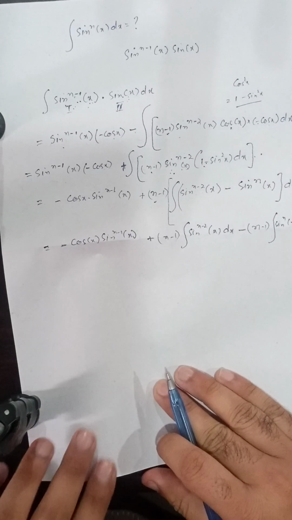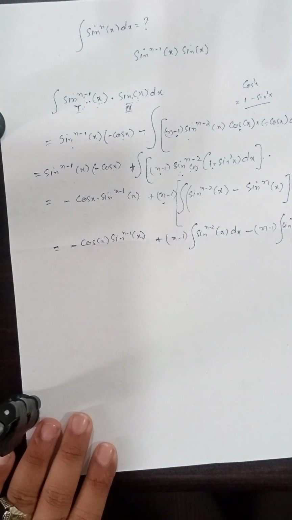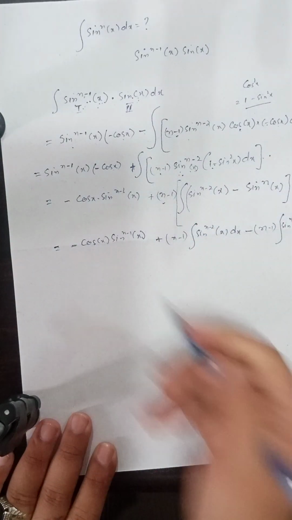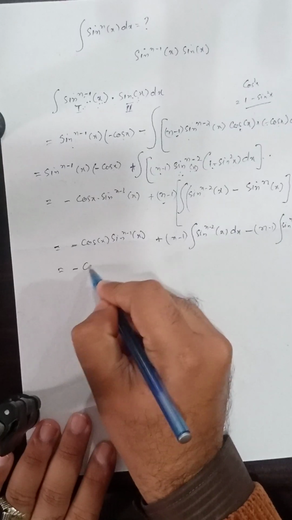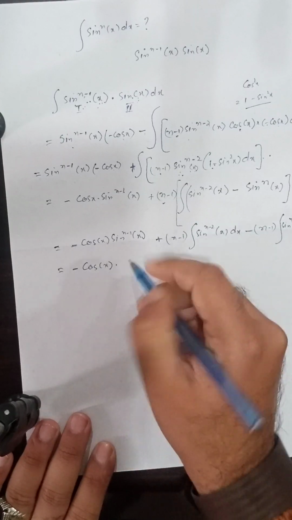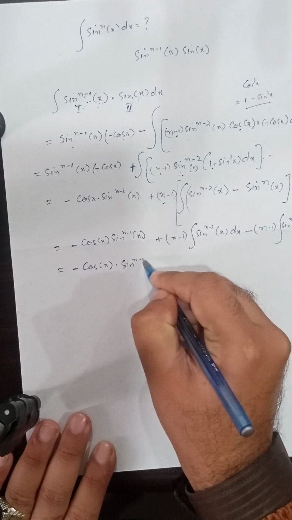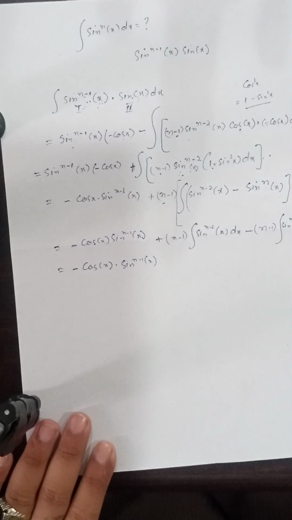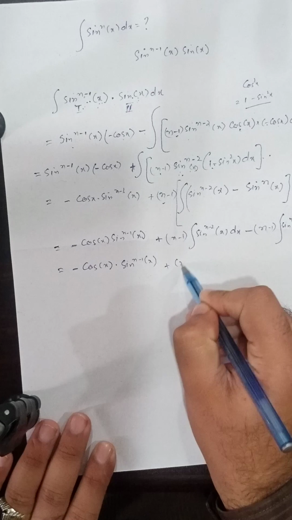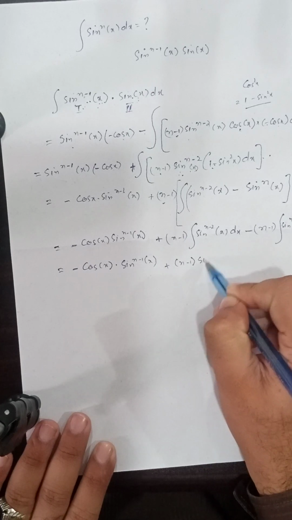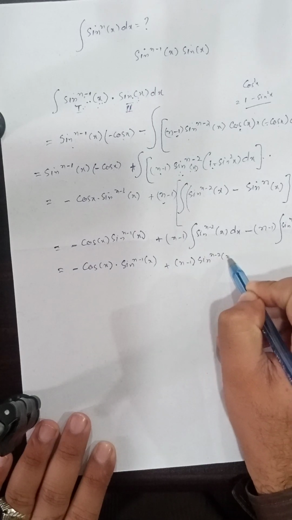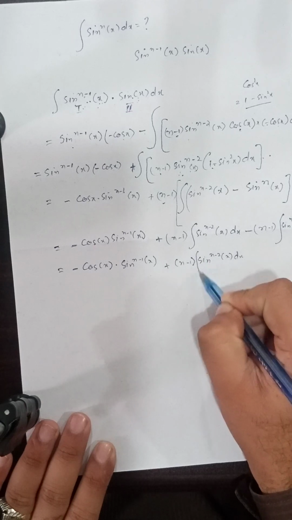This is the function. So now we have to multiply these two functions, which is equal to minus cos of x sine power n minus 1 of x plus n minus 1 integral of sine power n minus 2 of x with respect to x.